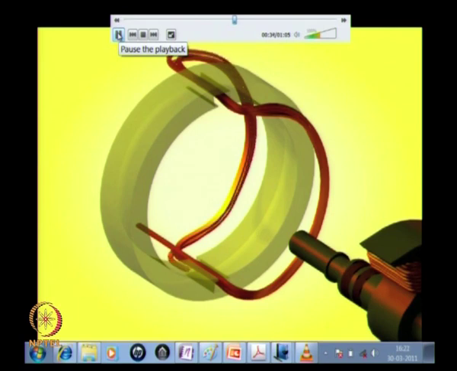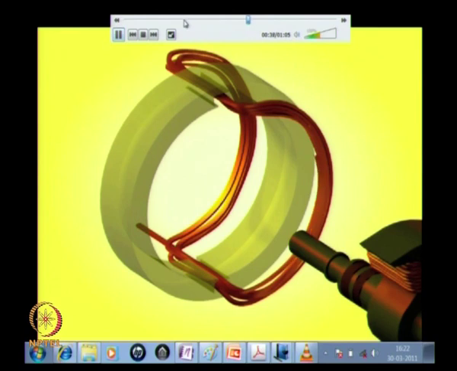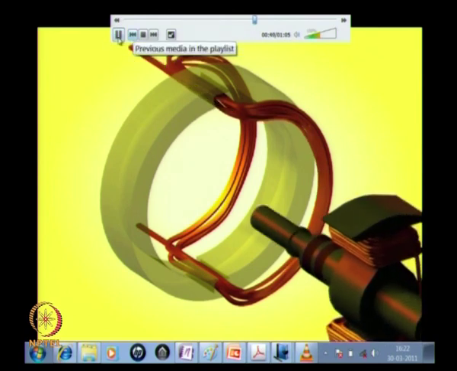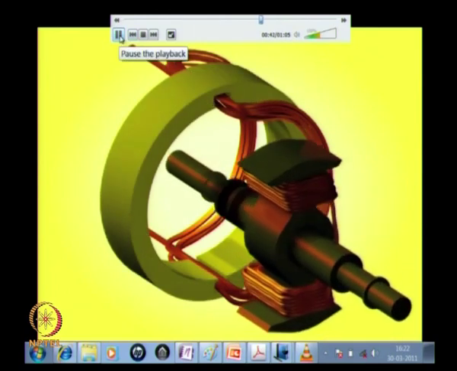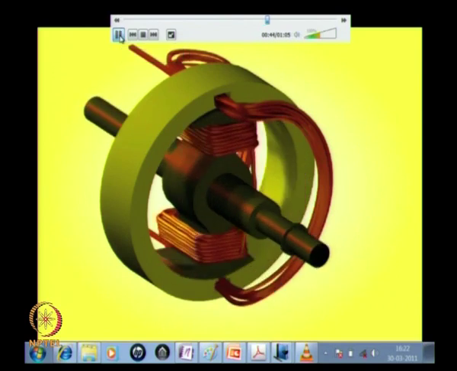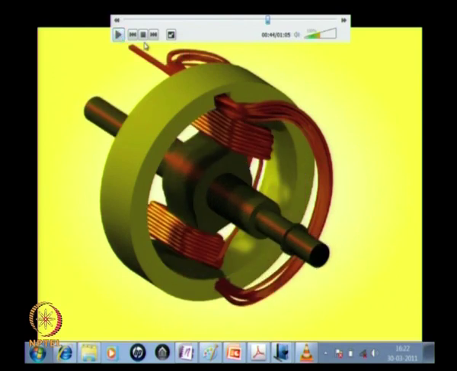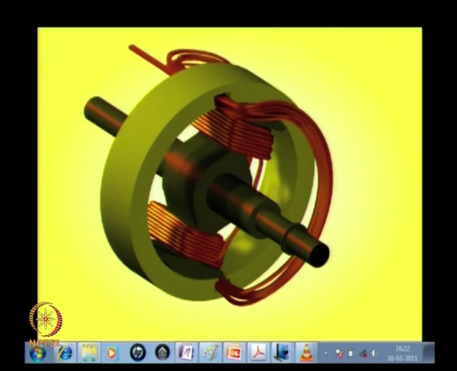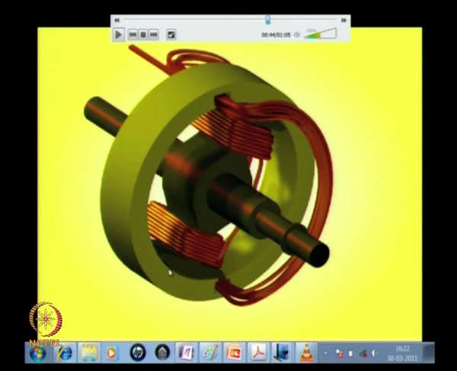There are 5 turns in this, so the coil gets wound and has now finished winding. The rotor is inserted into the stator assembly. Now the rotor has been inserted into the stator assembly, and the rotor can now rotate because of a small air gap between the pole face of the rotor and the stator.